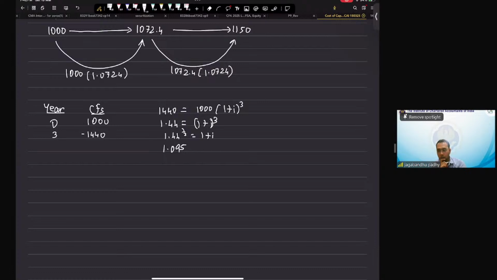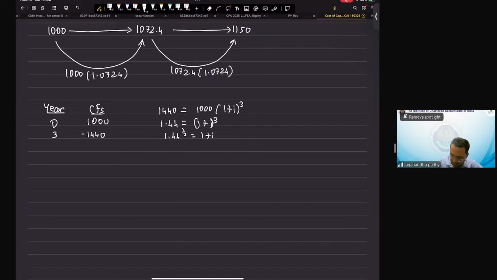How to calculate the cube root? Okay, let me just tell you how to calculate the cube root.